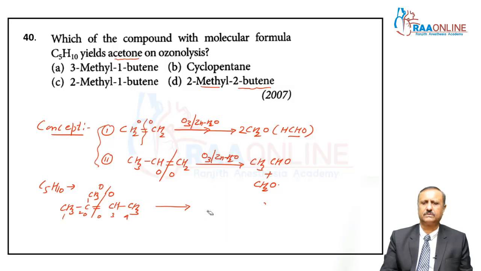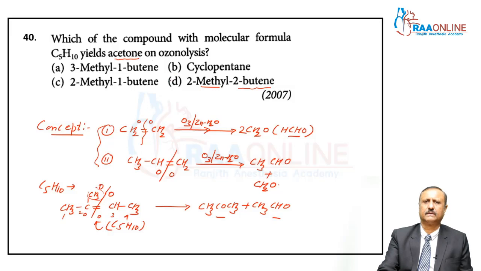The acetaldehyde is not given in the options, but you can get acetone, CH3COCH3. Here the molecular formula is given as C5H10, and C5H10 forms this type of alkene, 2-methyl-2-butene. This alkene is called 2-methyl-2-butene, so you can get acetone and acetaldehyde.